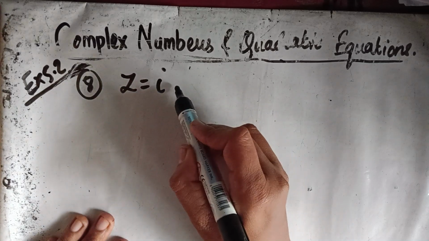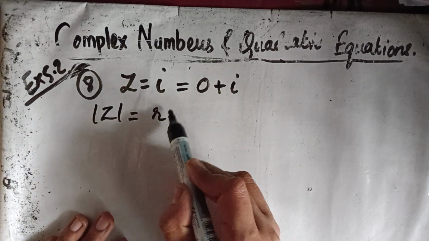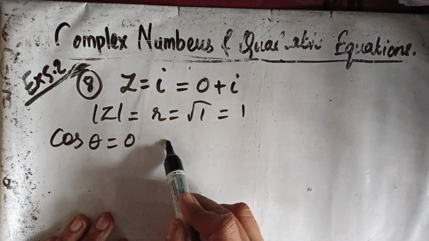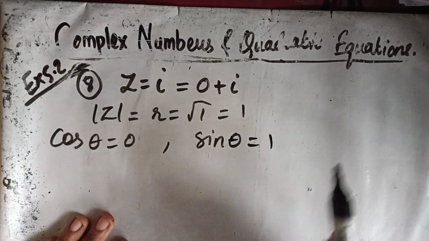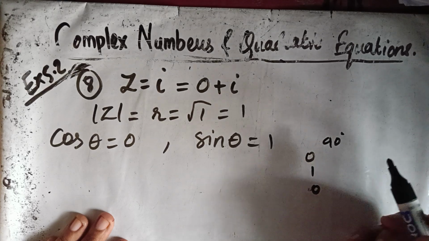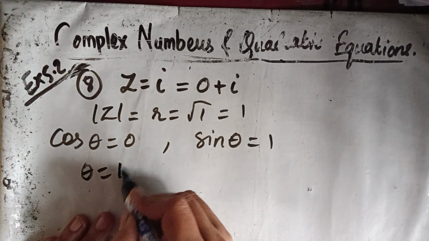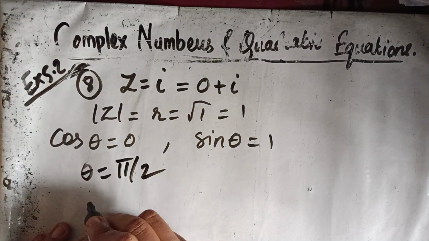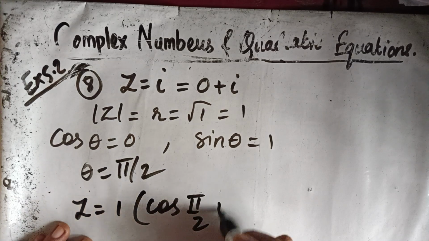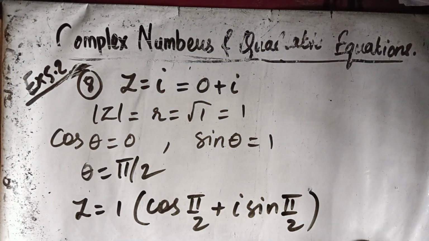So this is 0 plus i. r is 1. Cos theta is 0. Sin theta is 1. This is 90 degree. So pi by 2. That is 1 times cos pi by 2 plus i sin pi by 2. Okay, this is the polar form.